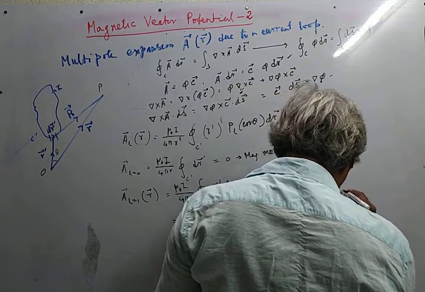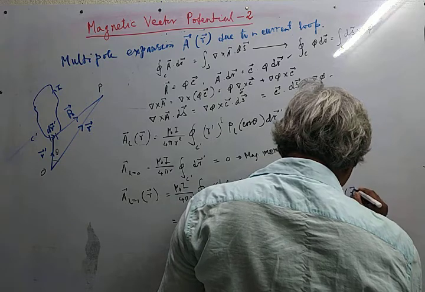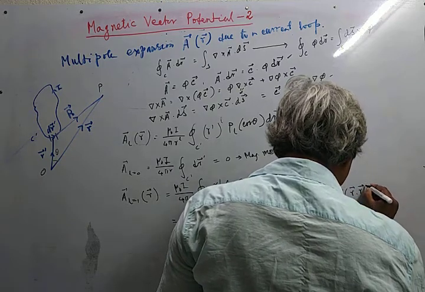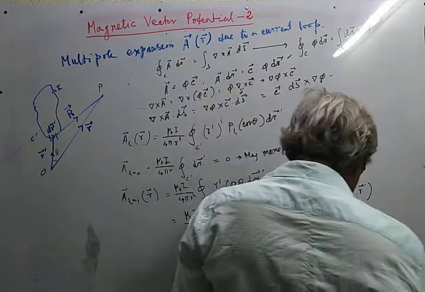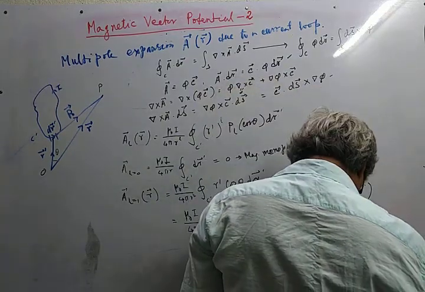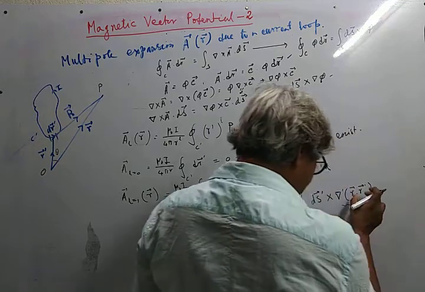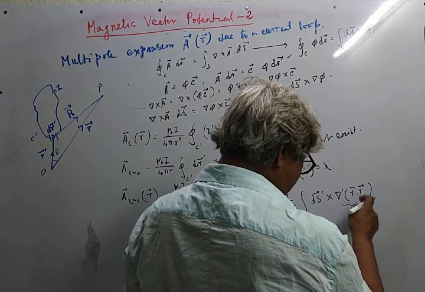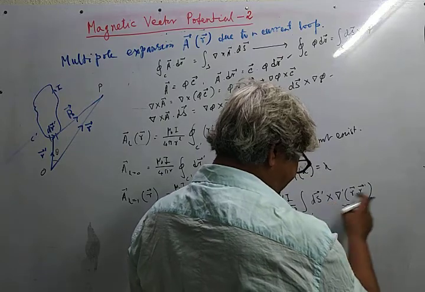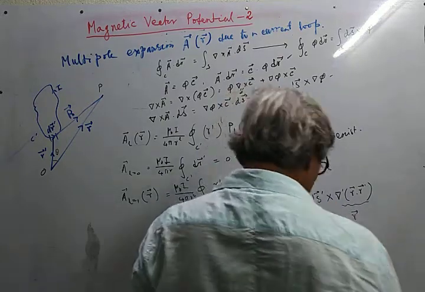Cross, this is grad prime r dot r prime, and this part is simply r, because this is x prime plus y prime plus z prime. So whenever this nabla operates on it, it gives you simply r.